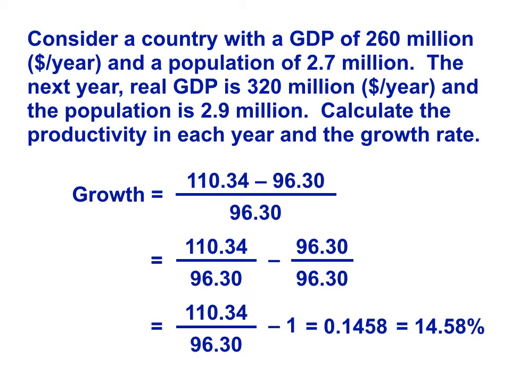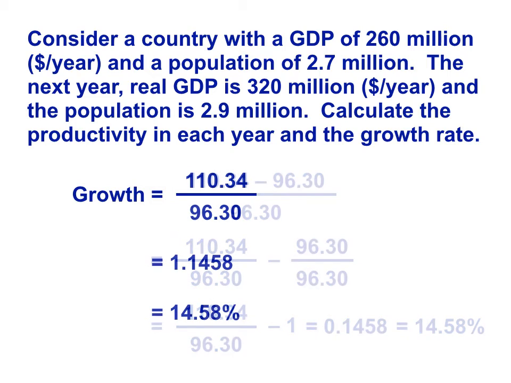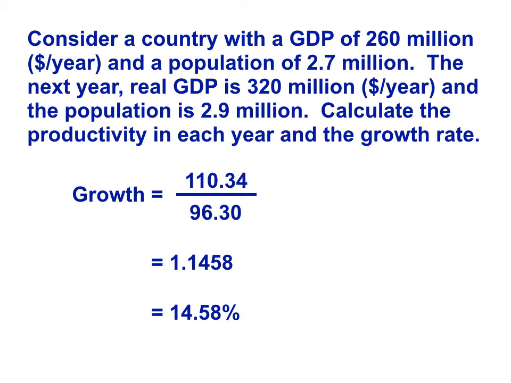So when I do the calculation, I'm going to use this information to make things a little bit easier for me. If I were to do this problem, I would take 110.34, divide it by 96.30, and I would end up with 1.1458. So notice, I've taken year number 2 and divided it by year number 1.